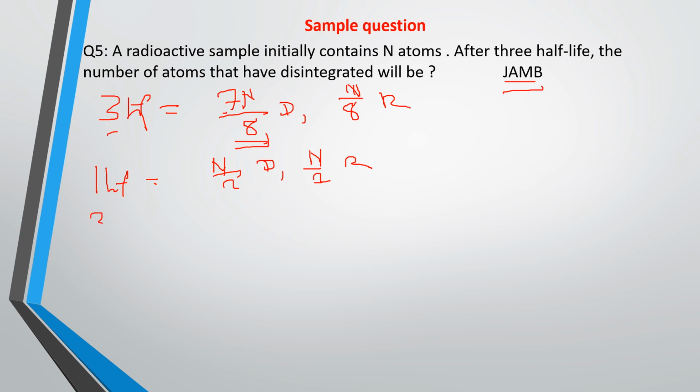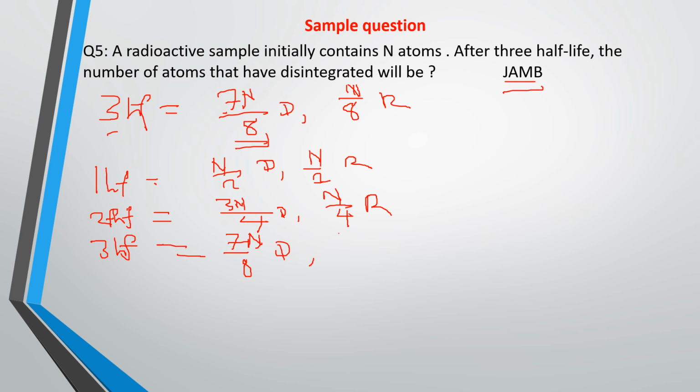Then at 2 half-lives, I'm just doing all this for you to understand, 3n over 4 of the substance will decay, while n over 4 will remain. Go to that table and you see exactly what I'm doing here. At 3 half-lives, which is what this question says, 7n over 8 of the substance will have decayed, and n over 8 will remain.